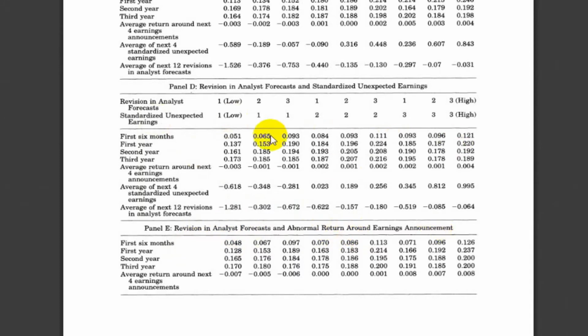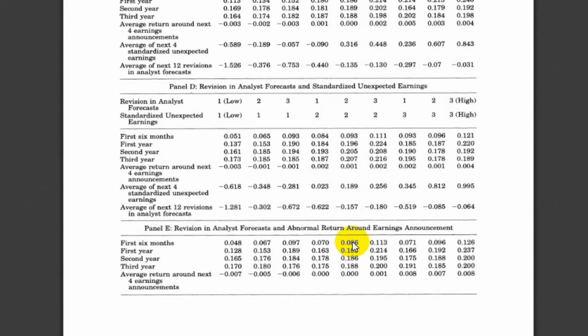So panel D compares the SU to the abnormal return around the earnings announcement. And as we can see, the spreads between the SU and the abnormal return are about the same, 12.1% versus 5.1, 12.6 versus 4.8. And even while holding one of them constant and comparing, they end up having about the same result.